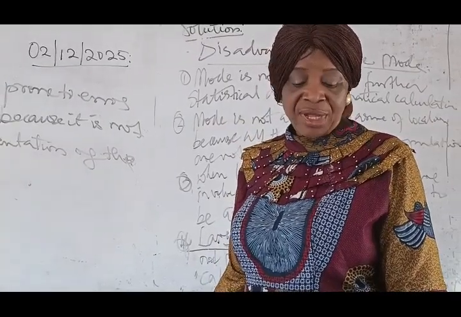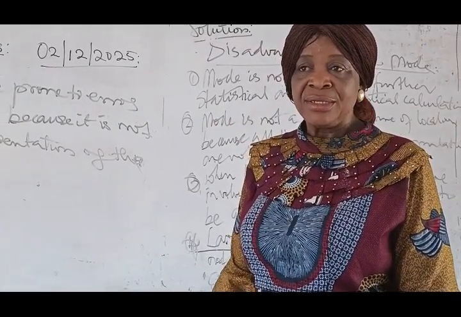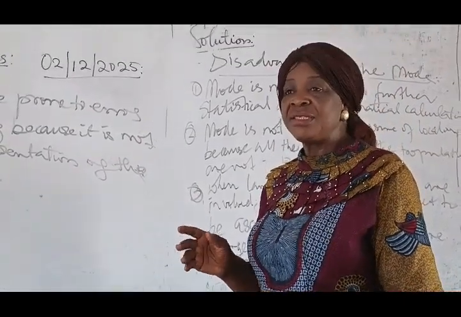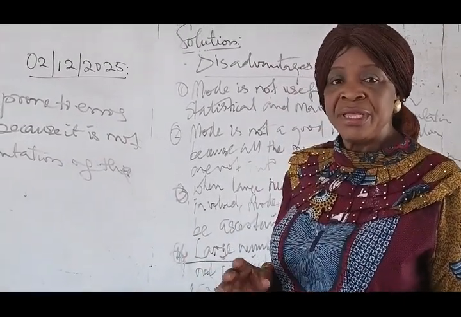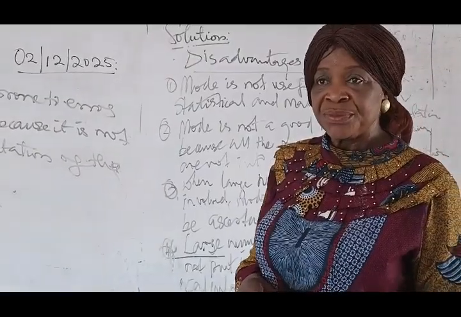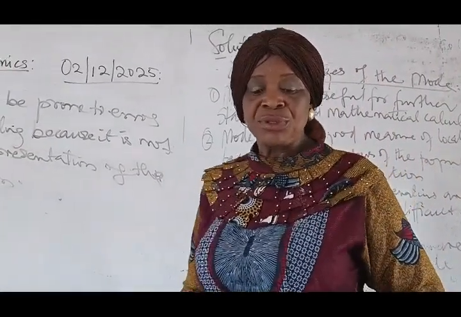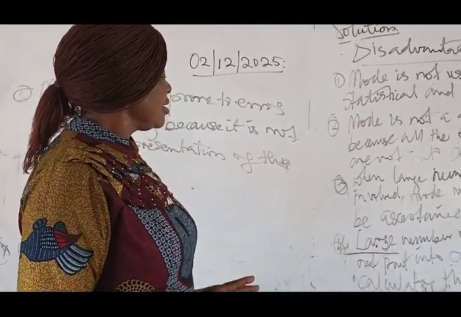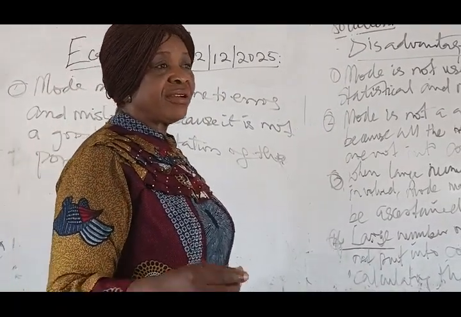Now, you can see that we have treated the three measures of central tendency, the mean, the median, and the mode. We have done some examples on them. I've taught you the advantages and disadvantages of these three measures.